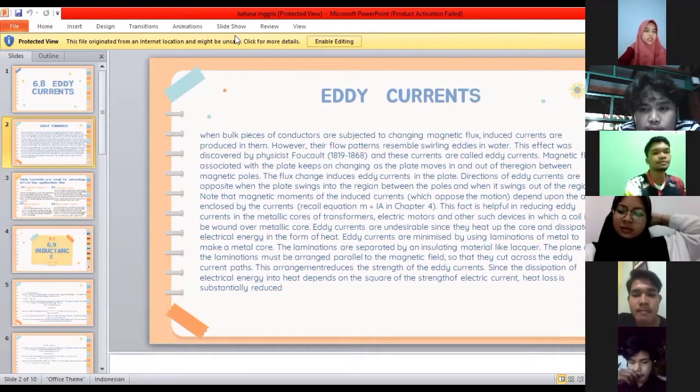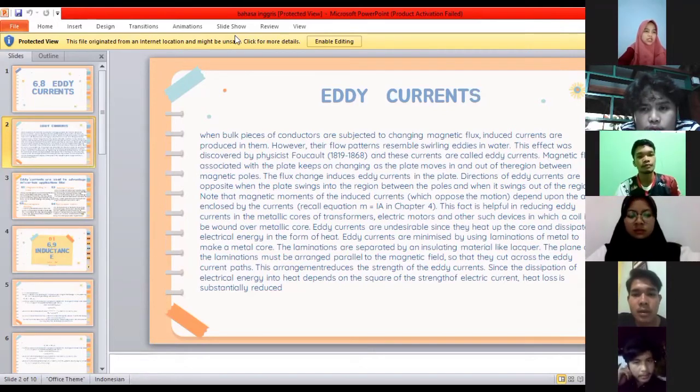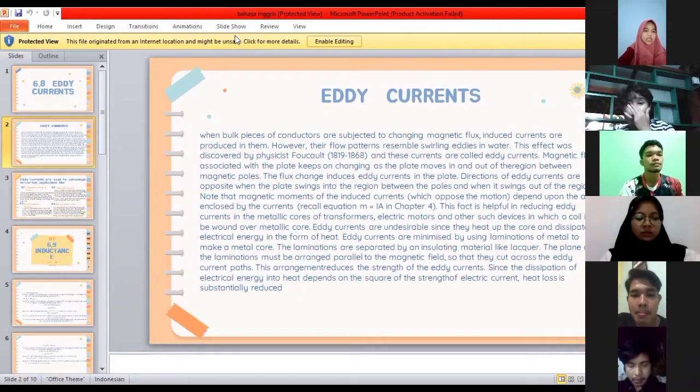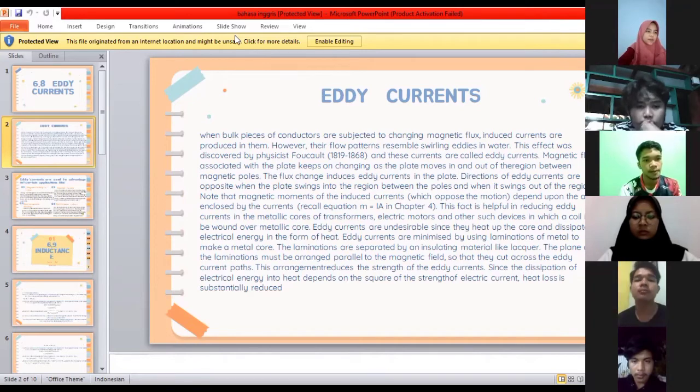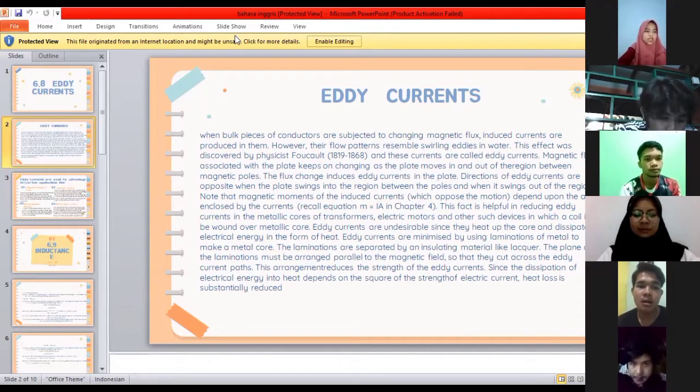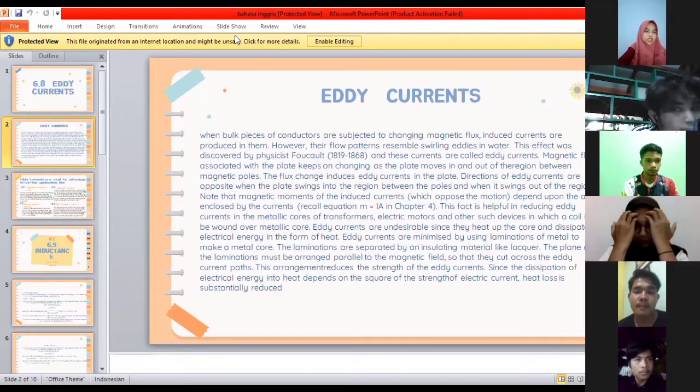Eddy currents are undesirable since they heat up the core and dissipate electrical energy in the form of heat. Eddy currents are minimized by using laminations of metal to make a metal core. The laminations are separated by an insulation material like lacquer.